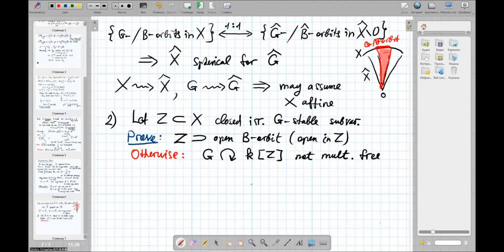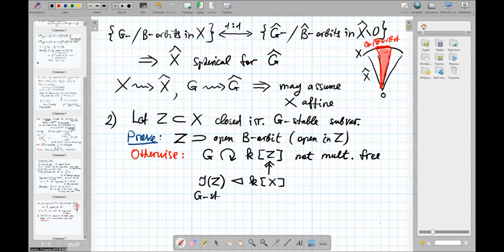Now, since Z is a closed subvariety in X, we have a surjection of coordinate algebras from the coordinate algebra of X to the coordinate algebra of Z. This is a surjective algebra homomorphism. The kernel of this homomorphism is the vanishing ideal of Z, those polynomials which vanish on Z. Since Z is G-stable, this vanishing ideal is also G-stable.